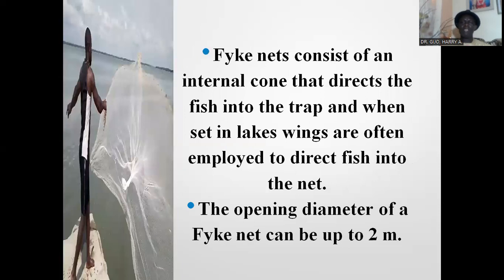Fyke nets consist of an internal cone that directs the fish into the trap, and when set in lakes, wings are often employed to direct fish into the net. The opening diameter of a fyke net can be up to 2 meters.